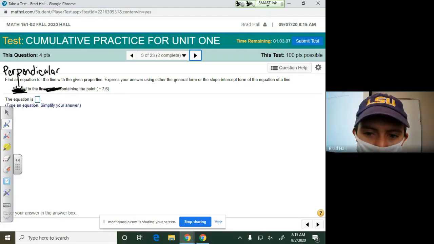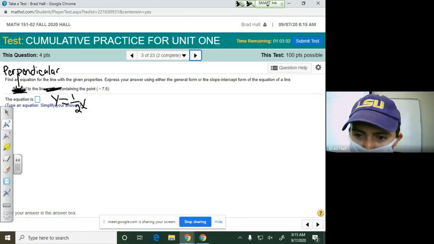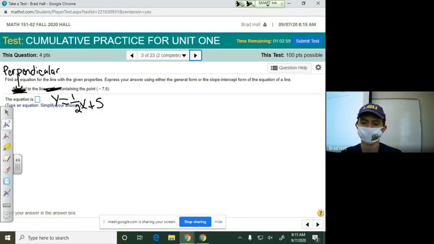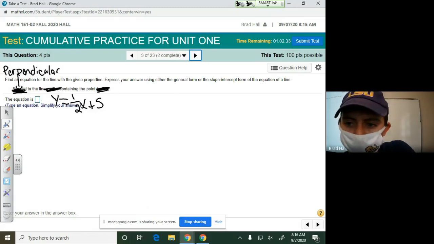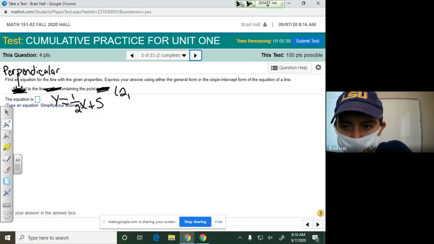Instead of y is equal to 2x, I'll make y is equal to 1/2 x plus 5. And it'll contain the point, say, 2, 1.